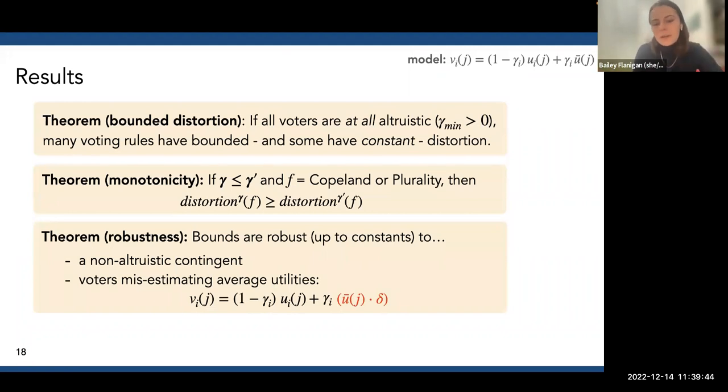What we would be worried about is that even slight errors in this quantity could really change the election in some cases, because a voter has a slight error, it switches a pairwise ranking in the ranking they submit, and it changes the outcome of the election. But fortunately, we don't see that. Actually, our results are quite robust.